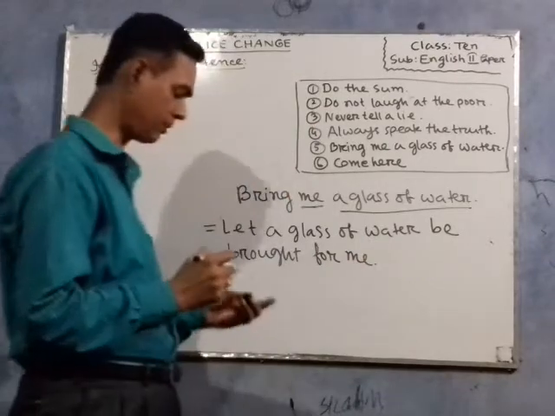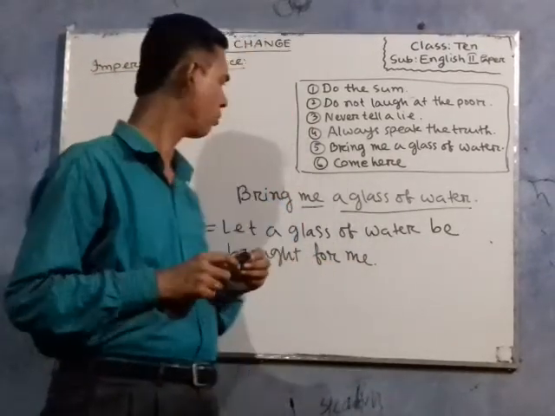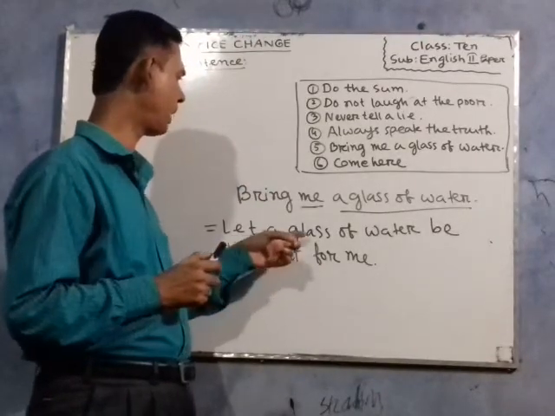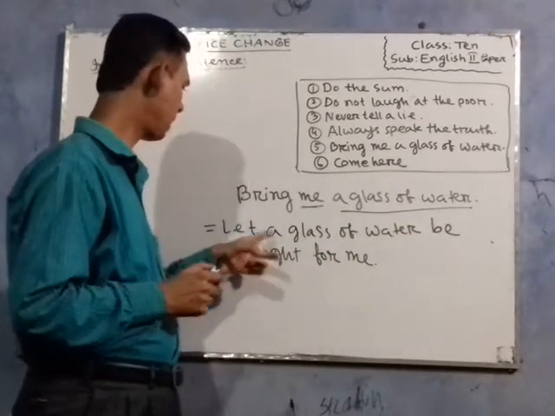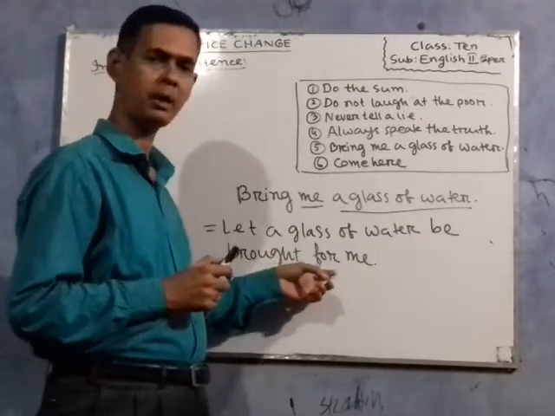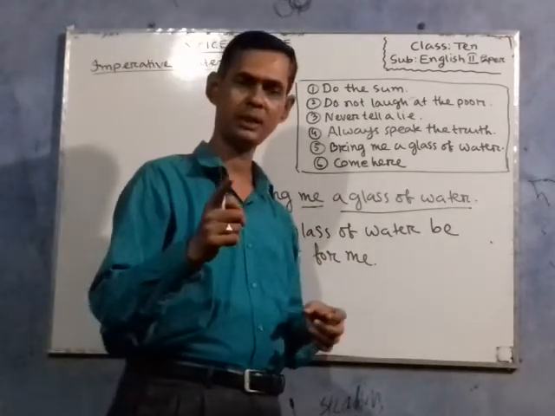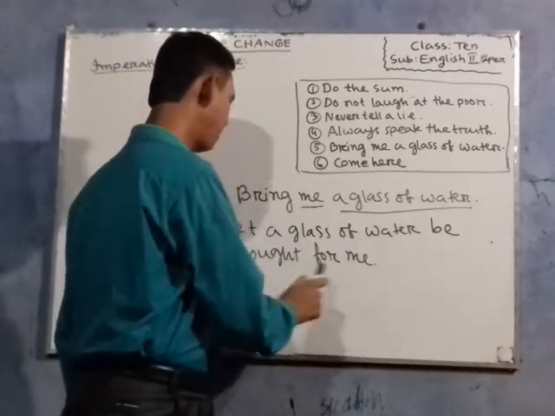So you should remember that if there are two objects after the verb, at first you have to write "let", then the second object, then "be", then the third form of the verb, then "for", and after "for" the first object. Okay. So the sentence stands for: let a glass of water be brought for me.